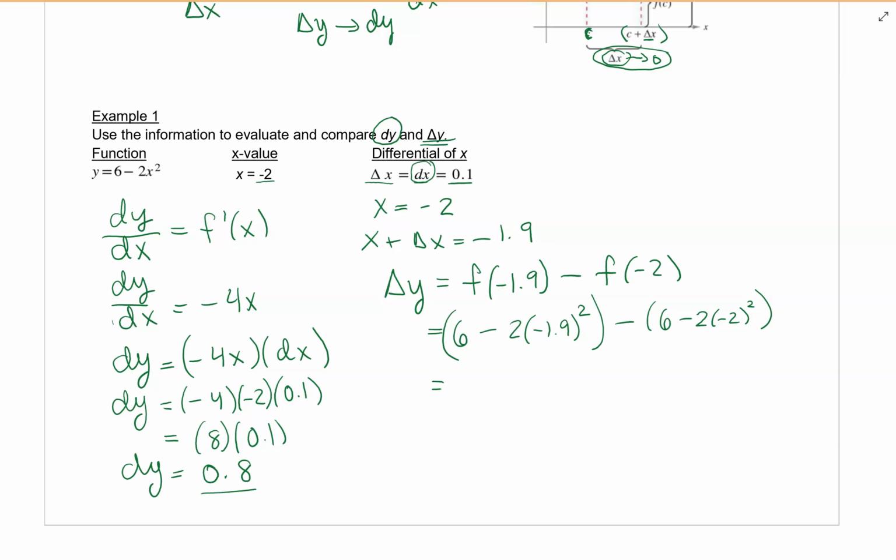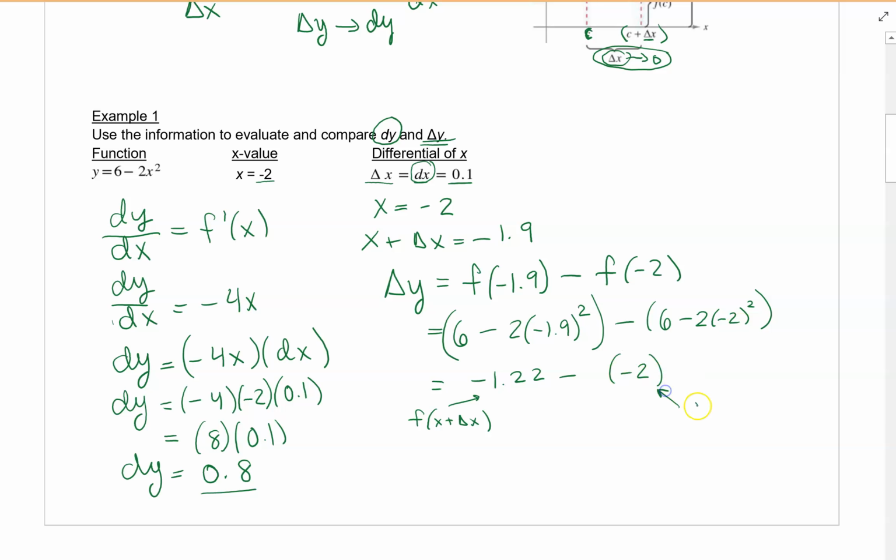When I plug in negative 1.9, I get negative 1.22. That's the y value evaluated at negative 1.9. This would be my f of x plus delta x, my new y value at my new x after I changed it a little bit. And then when I evaluate this function at negative 2, I get negative 2.